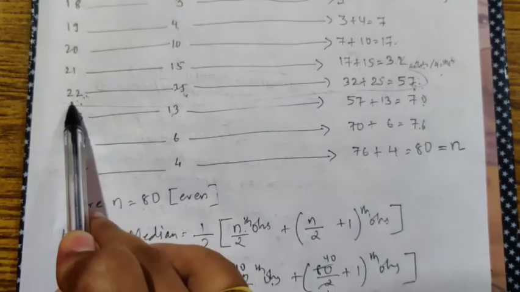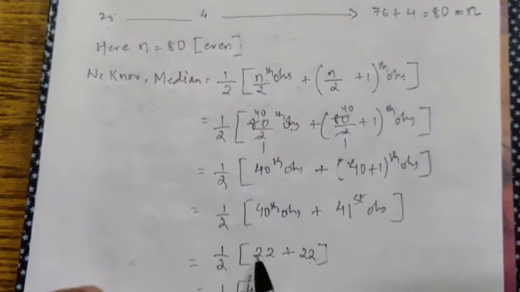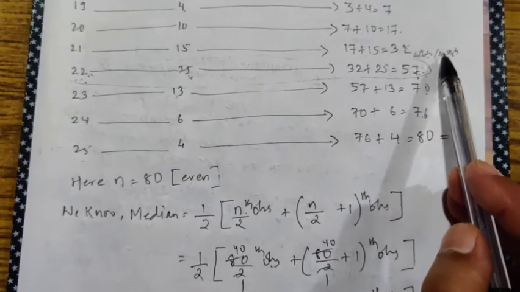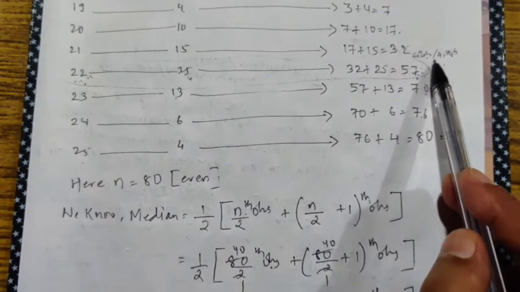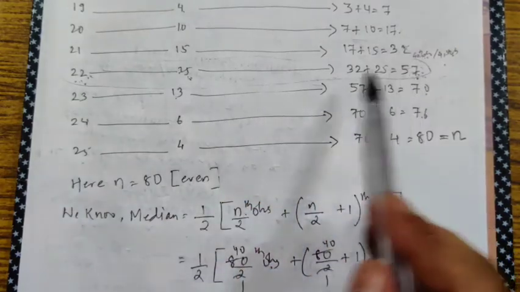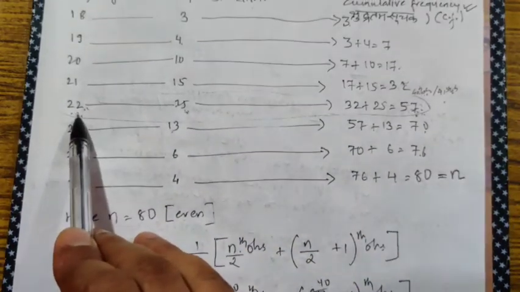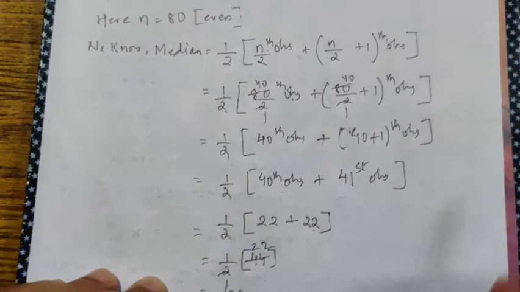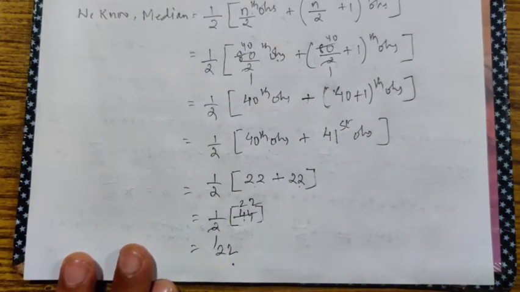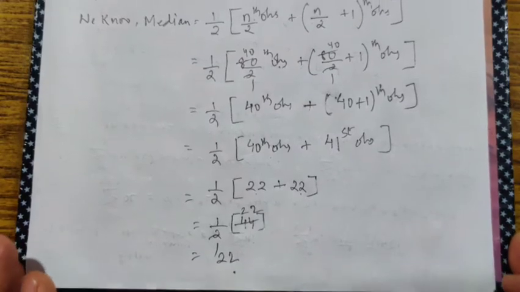So our 40th observation is 22. And again the 41st observation, see where it falls. It falls here only. See what comes after that, this one. So what's the 41st observation? Again 22. So you'll add both, you'll end up getting 44. Cancel it with 2, you'll end up getting 22 as your answer. So this is the median.